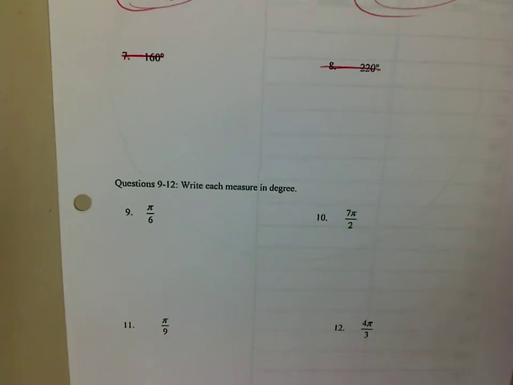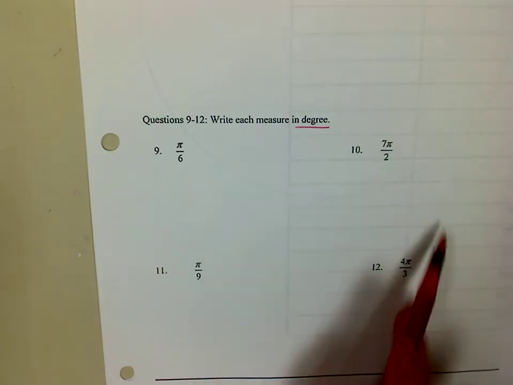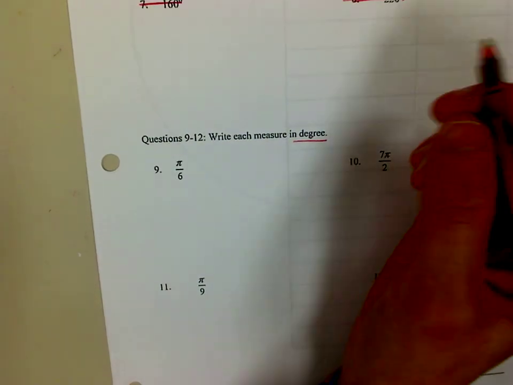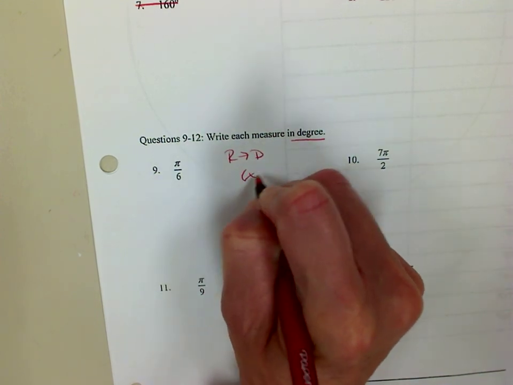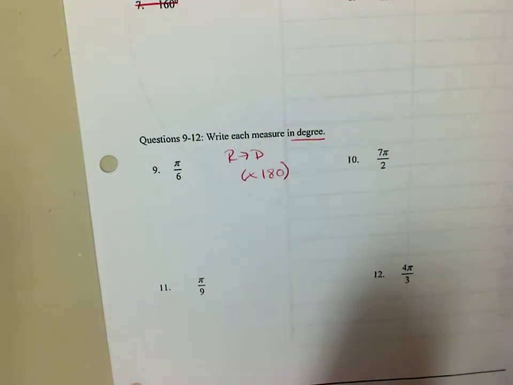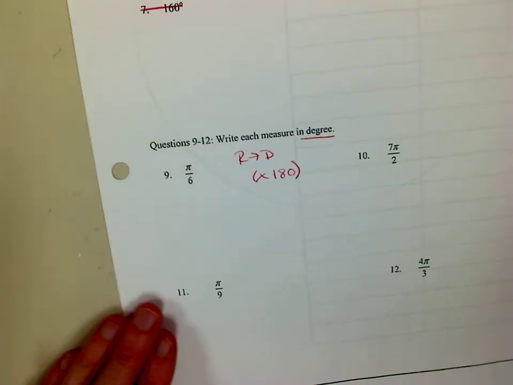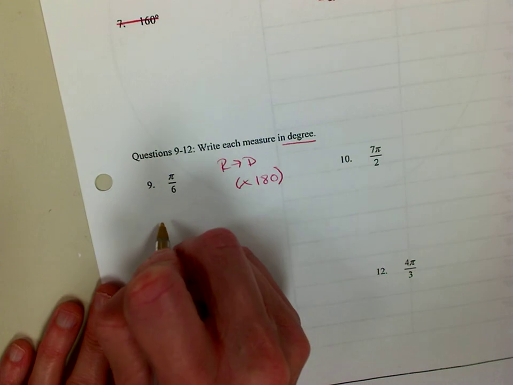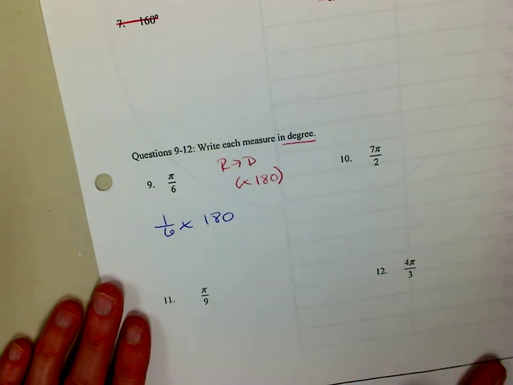Okay, now I want degrees. So I'm giving you radians, but I want degrees. So if you go from radians to degrees, you're going to multiply by 180, but you're going to multiply without the pi. So you're going to take 1/6 times 180.